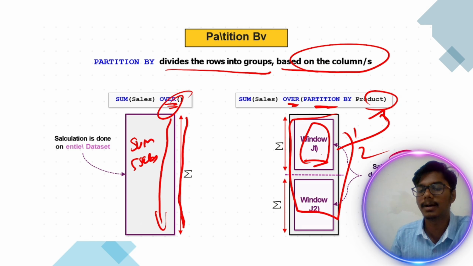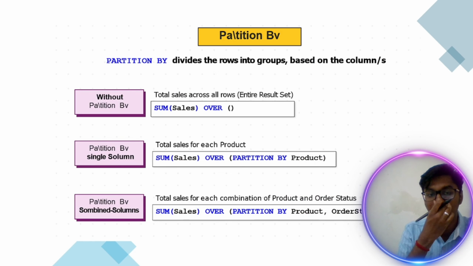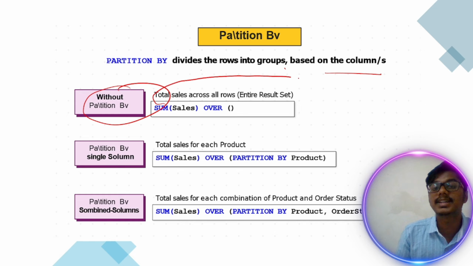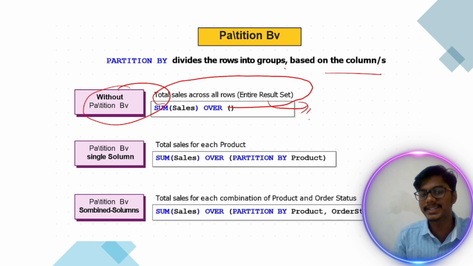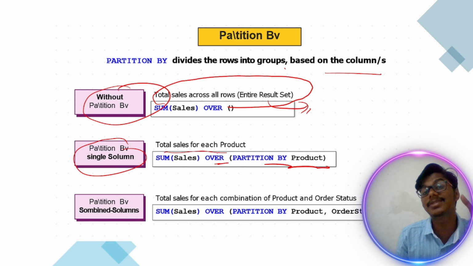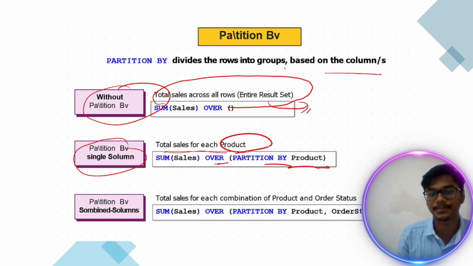Nothing big. If you use the window PARTITION BY, it divides the rows into groups based on the columns, as we were discussing in the previous picture. Now we are going to discuss without PARTITION BY, how it works. It gives the total sales across all the rows, performed on the entire result set. If we use PARTITION BY on a single column, SUM OVER PARTITION BY product, it calculates the total sales for each product.